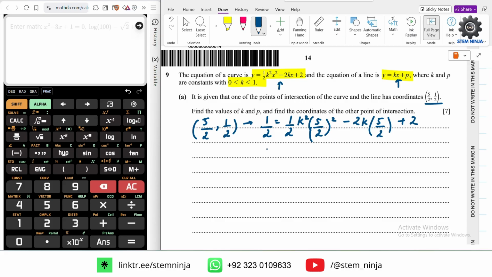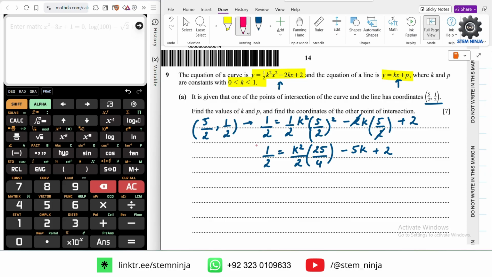Okay, let's simplify. 1 over 2 k squared times 25 over 4, minus 2 and 2 gets cancelled, so 5k plus 2. So this becomes 8. So we have the equation in k.